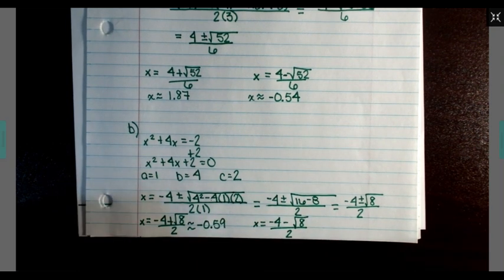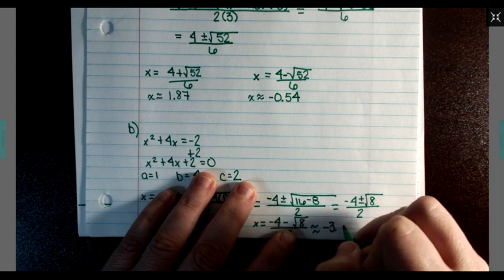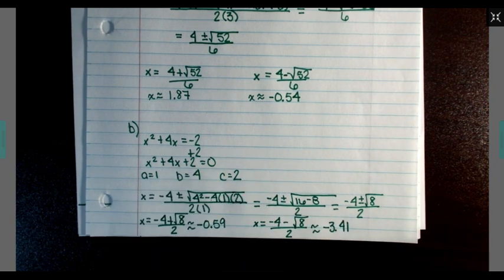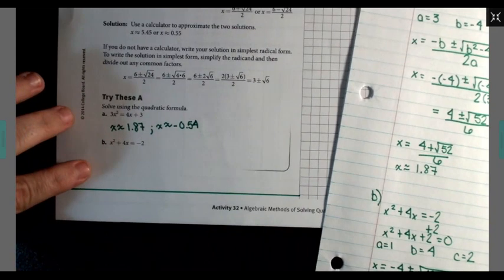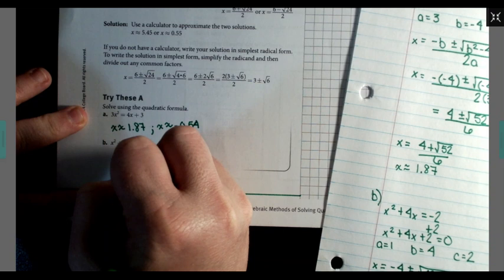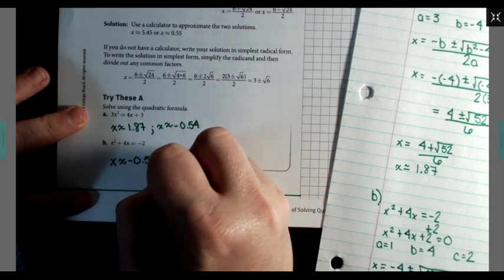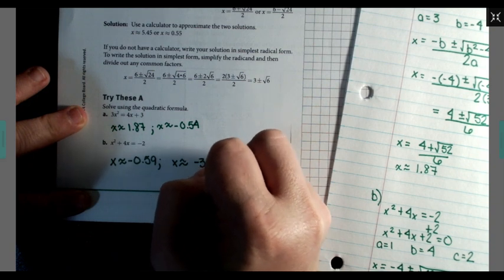The next one is negative 4 minus the square root of 8 divided by 2, which is approximately negative 3.41. So x is approximately negative 0.59, and the other one is x is approximately negative 3.41.